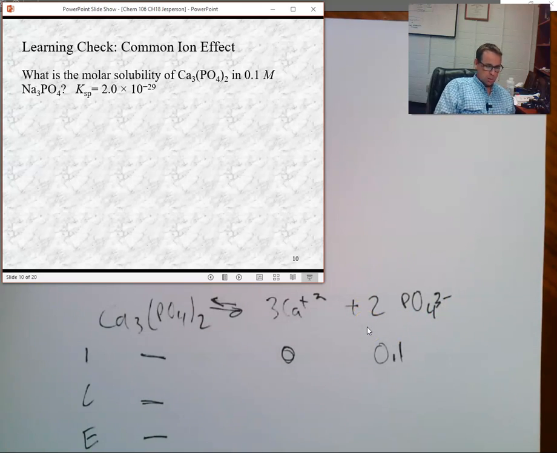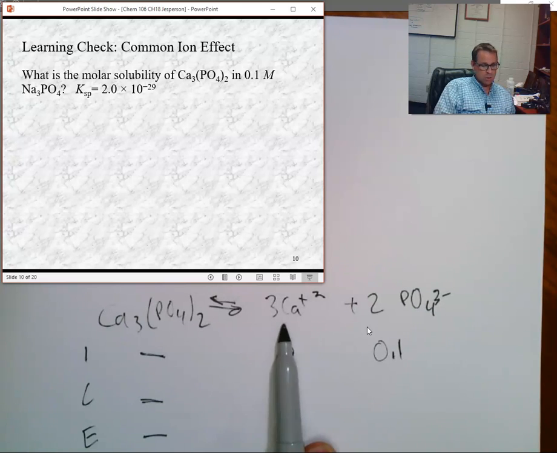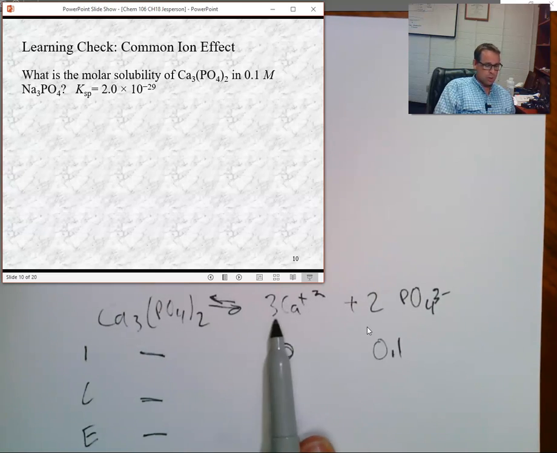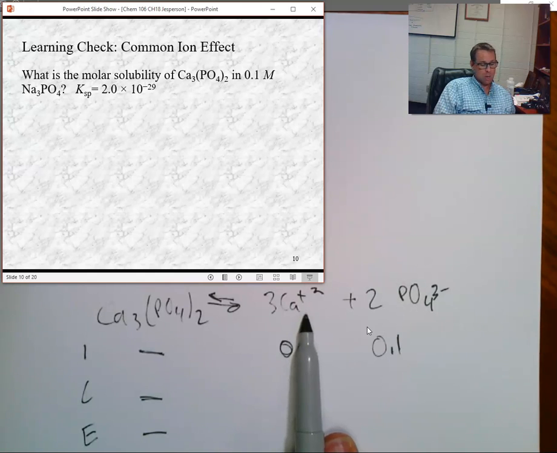The change. Now there's still no calcium. So our Q is still going to be 0, right? It's going to be the concentration of this, 3x cubed.